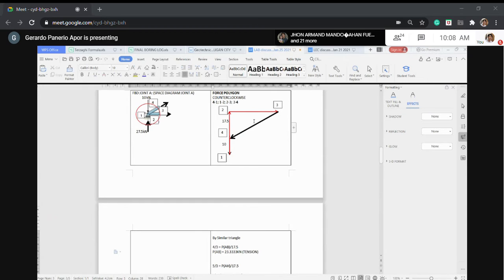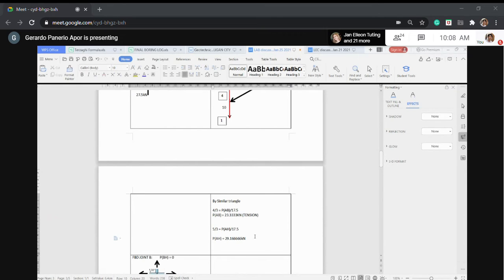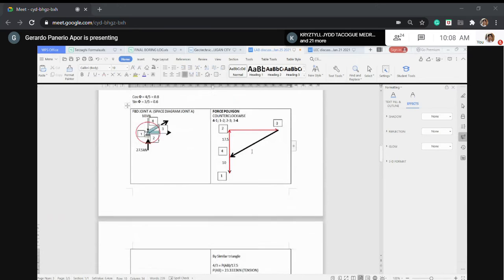Whereas when you go from 3 to 4, you go the arrow again, but the arrow is directed downward, so it is opposite to this direction. So the EH cannot be a tension, but this is a compression. So that is how you do it.